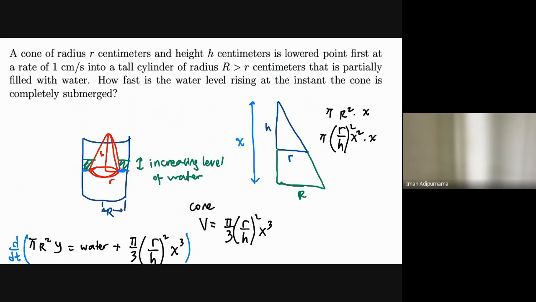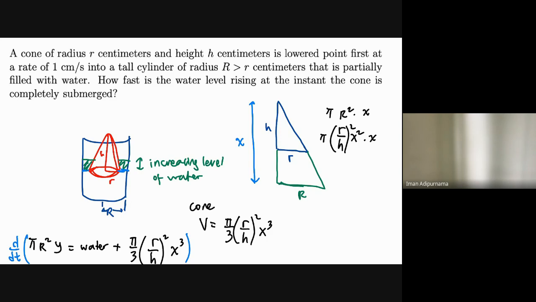Yeah, this is the rate of the cone. A cone, blah blah blah, lowered point first at a rate. So when it's lowered, the rate will be 1 centimeter per second. At the moment when the cone is put inside the water, the cone is moving at the rate of 1 centimeter per second.